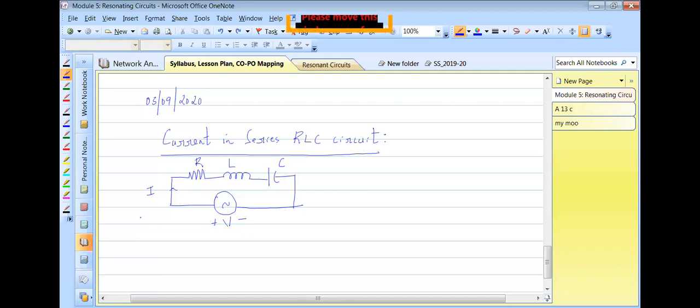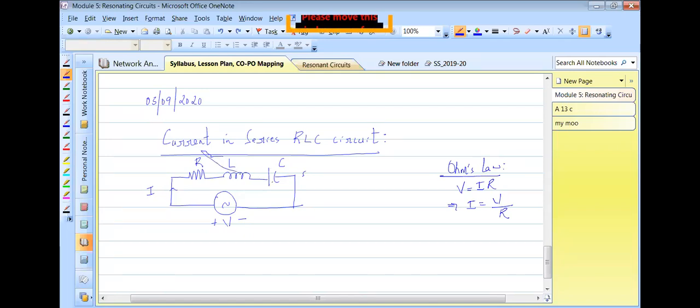What is the equation for I? By Ohm's law, what do we say? Ohm's law says V is equal to I into R, which implies that our I is V by R. Yes, but here we have RLC.